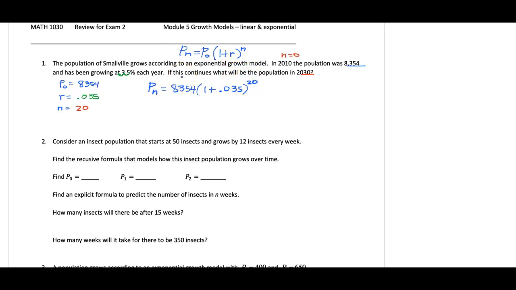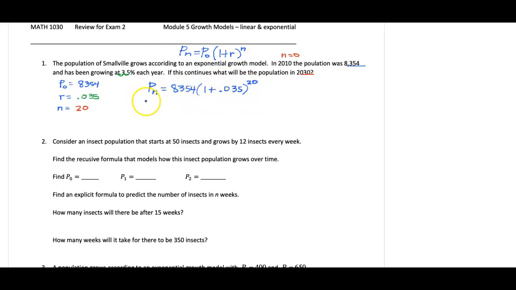Okay, so as far as on the test, I say show your work. For me on this exam, I want to see what formula you're using, first of all, and what numbers you're putting where.